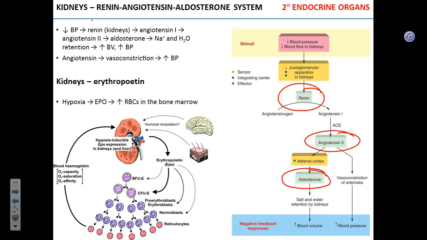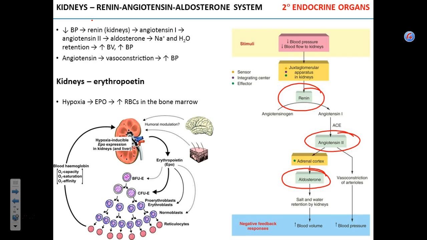We're going to see the system again and talk more about it in the renal section of the course. But at least now, when I say renal regulation of blood pressure later, you have an idea what's going on. I say renin, you have an idea what's going on.